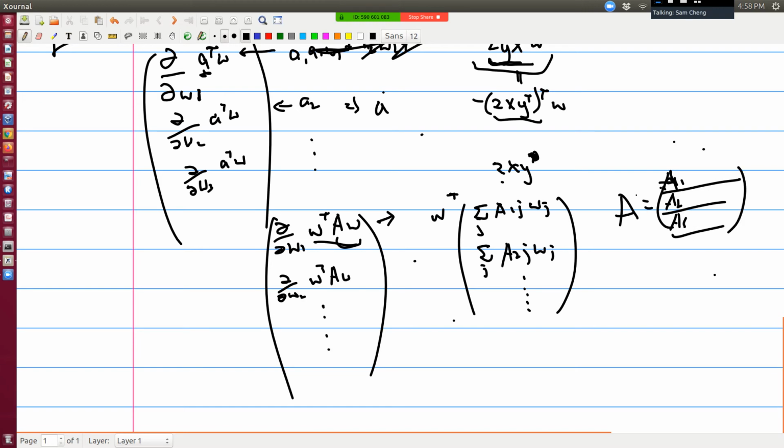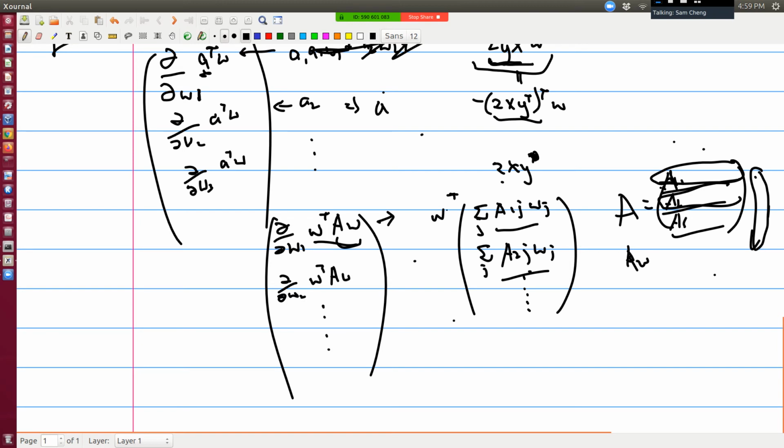When I multiply A by W, the first element is the first row multiplied by W, the second element is the second row multiplied by W, and so on.